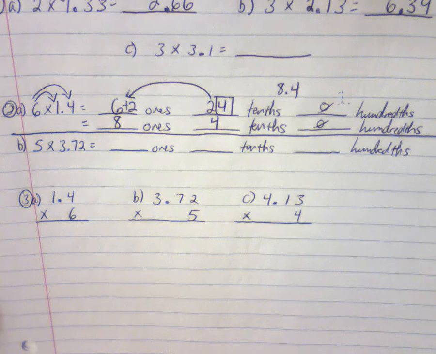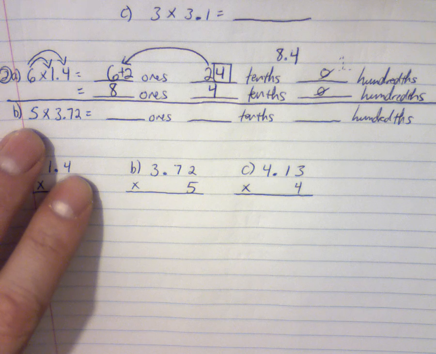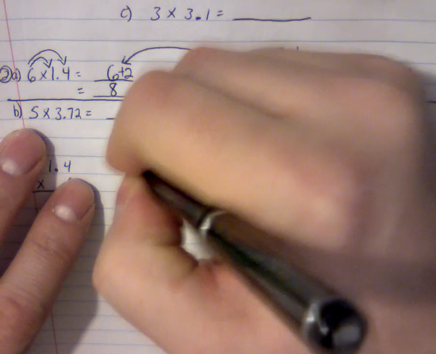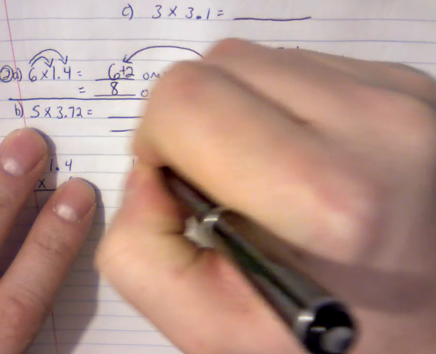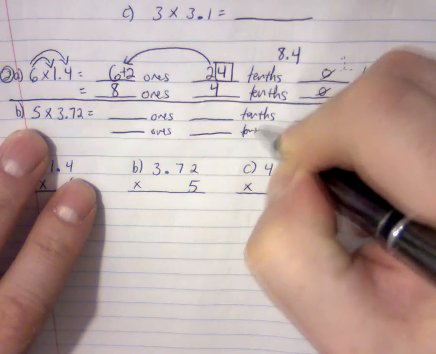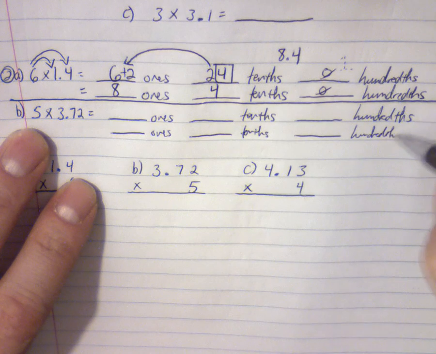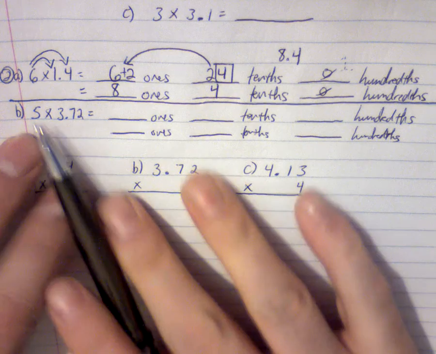Alright? Let's do B together. So what we're going to get is, and Mr. Wicklum didn't do the regrouping. I apologize. So what I'm going to do is the same as always.